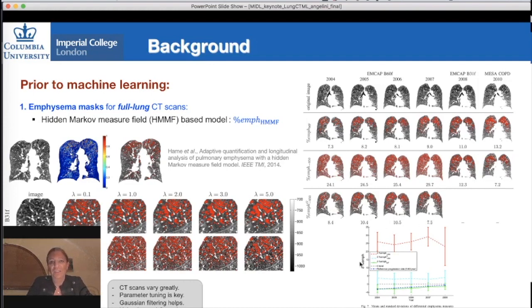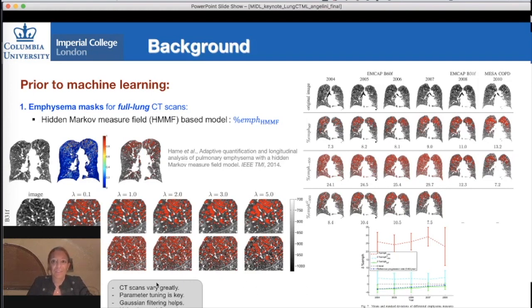Again, as a proxy of validation of our approach, we used normal subjects here from MESA. We showed that at the population level also, we had a very steady increase of emphysema over the years using our segmentation method, and that the rate of increase corresponded to the clinical rate that is used as the reference by clinicians.